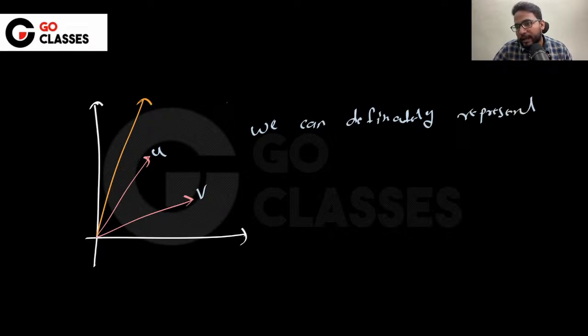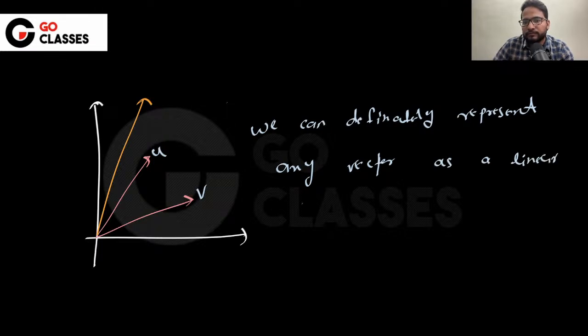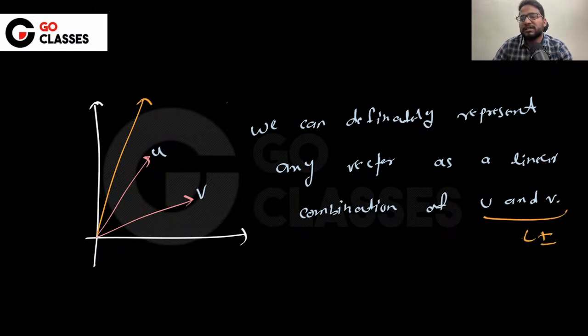We can definitely represent any vector as a linear combination of u and v, because u and v are linearly independent. So these two vectors are linearly independent. That's why I can represent any vector as a linear combination of these two vectors.